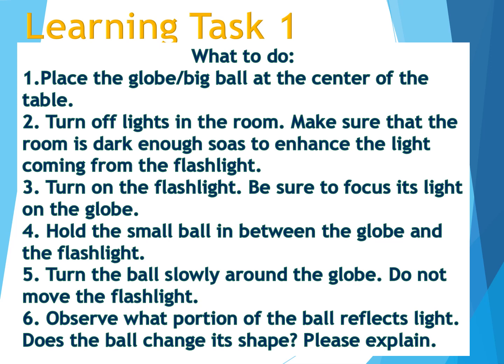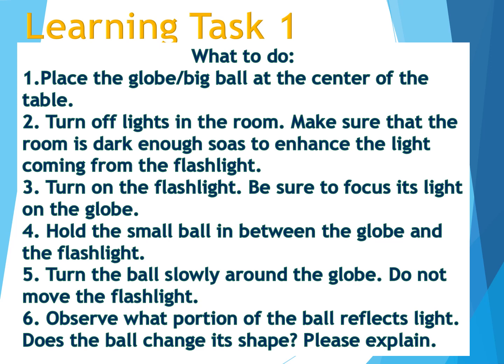Shine on the flashlight. Be sure to focus its light on the globe or big ball. Hold the small ball in between the globe and the flashlight. The small ball becomes the moon, and the globe is the Earth. And the flashlight is the sun.